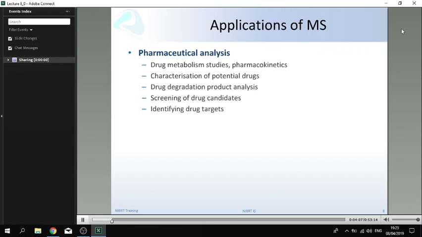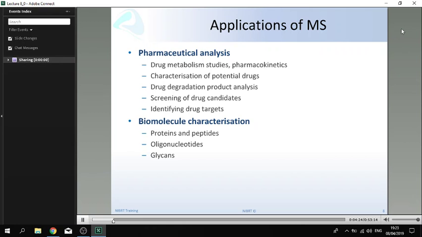It is used for characterization of potential drugs, to look at drug degradation, so how the drug is degrading and what the degradation products are, and for screening and then identifying drug candidates. For biomolecule characterization, we use it to characterize our proteins and peptides, as most of our biologics are proteins and peptides, but also oligonucleotides and glycans.